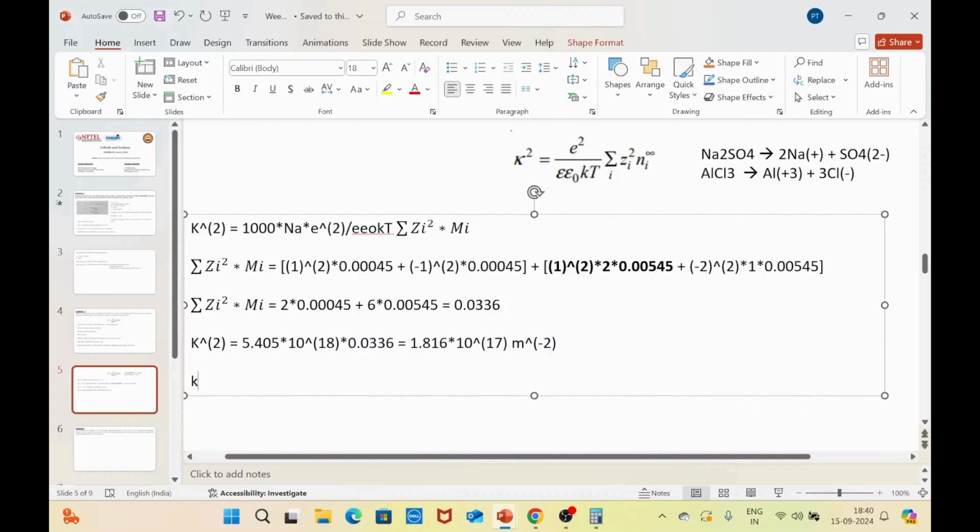So your kappa value, or Debye-Huckel parameter, will be the square root of this.